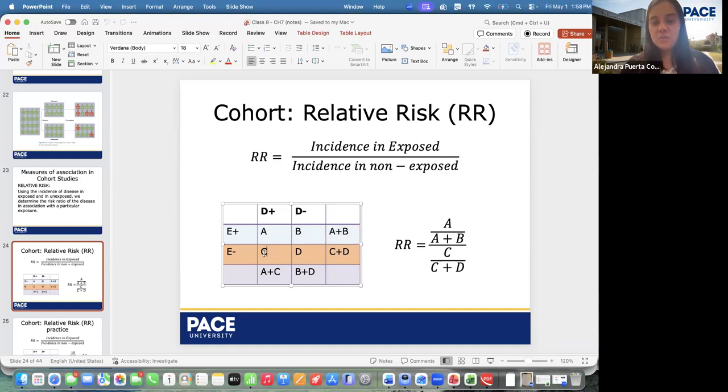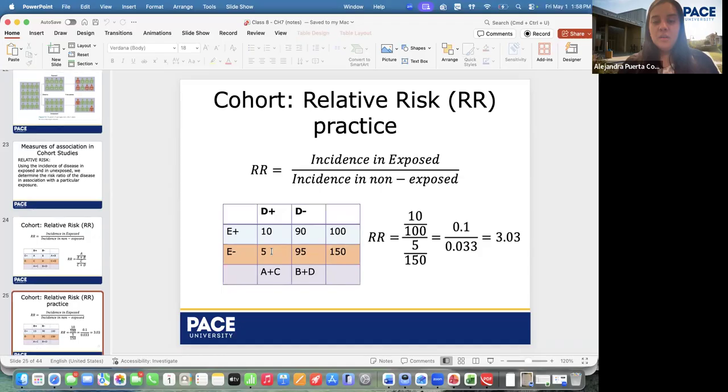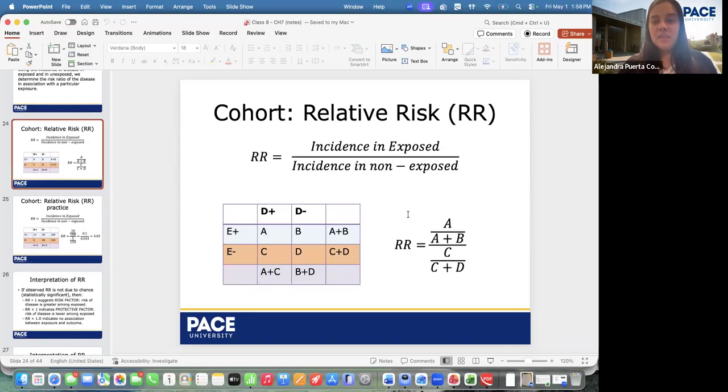The incidence in the non-exposed, those who got the disease among those who were not exposed, right? And then I do A over A plus B divided by C over C plus D. Again, this is starting from the fact that your exposures are here and your diseases or outcomes are here. If you do it the other way around, then it's going to change completely, right?